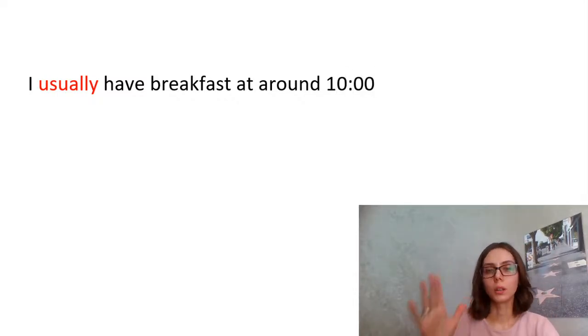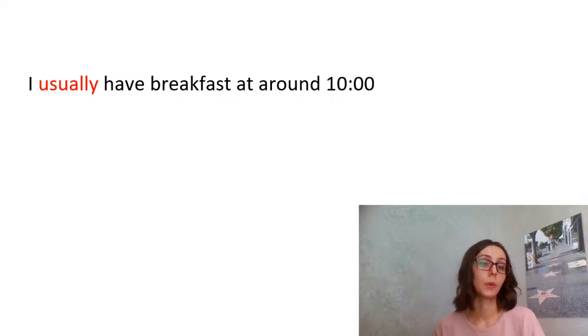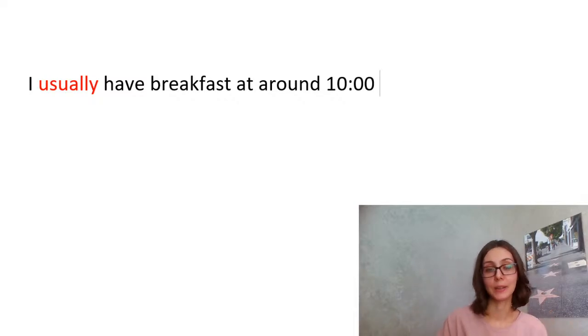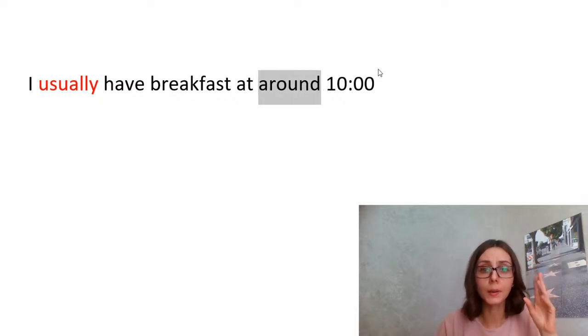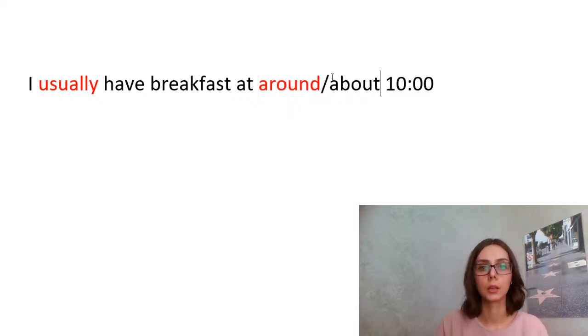You can say o'clock or 10 a.m. or just 10, because it's understandable that we have breakfast in the morning, so you don't need to specify that it's morning. Around means approximately, about, not exactly, like at around 10 o'clock, or at about 10 o'clock. So when do you guys usually have breakfast?